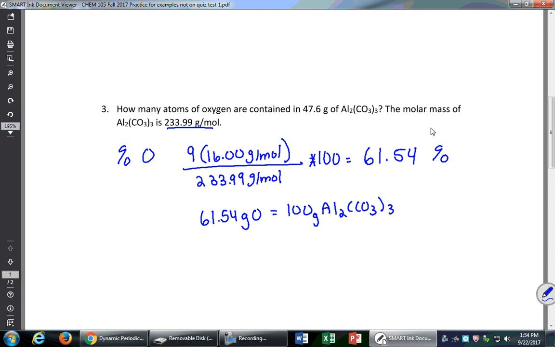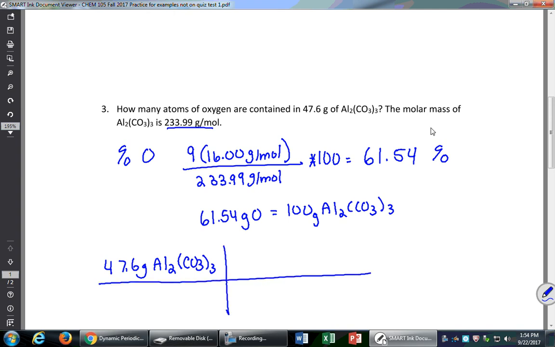I also know how many grams I'm starting with, which is 47.6 grams of my Al2(CO3)3. So I want my 100 grams of my whole at the bottom. And I want my 61.5 grams of oxygen at the top, because grams Al2(CO3)3 is only going to cancel out grams Al2(CO3)3.